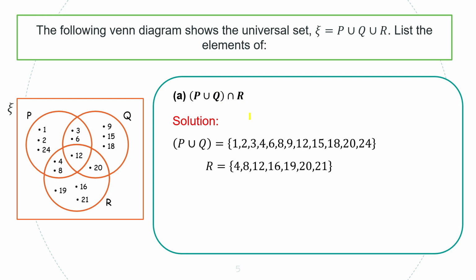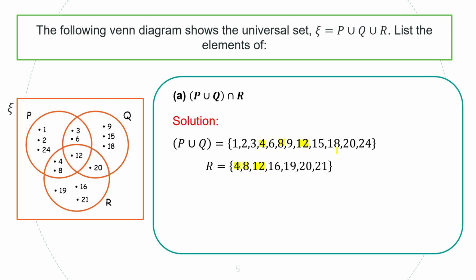Okay, what does intersect mean? The common element. Okay, we must find the common element. From here we can see 4 is the common element. Next, 8 is the common element. 12 also the common element.